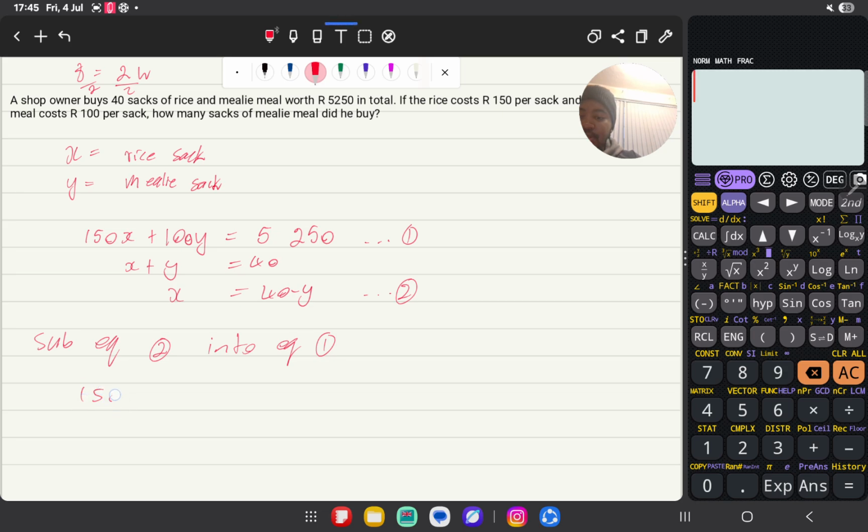So I have 150x plus 100y equals 5250. Now it's time for substitution. We have 150 times 40 minus y, plus 100y. Can I actually do this one with a yes? I can.